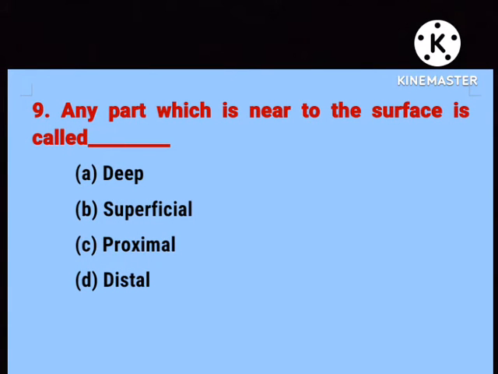Any part which is near to the surface is called: A. Deep, B. Superficial, C. Proximal, D. Distal.